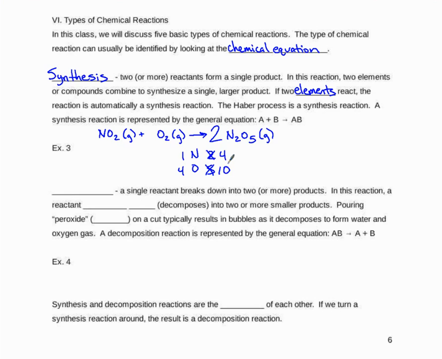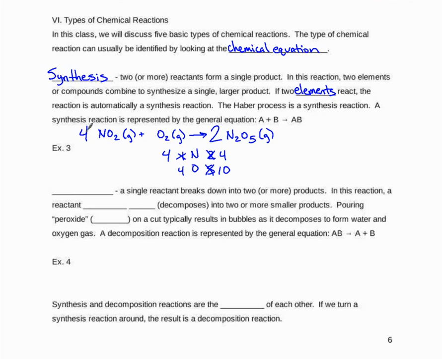This is going to make our job a little bit easier, because now, look, I have 1 nitrogen and 4 nitrogens. Well, this is going to be fairly easy because I can put a 4 here, and now my nitrogens are fine. This also changed the number of oxygens that I have here, because I had 4, but I changed this.